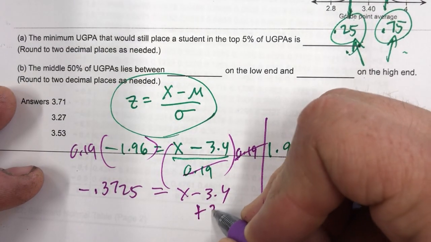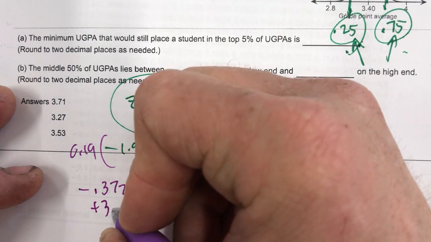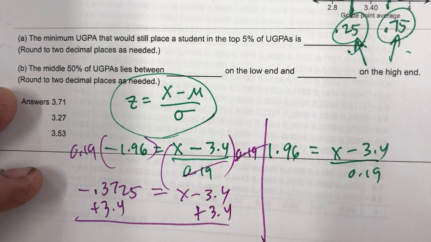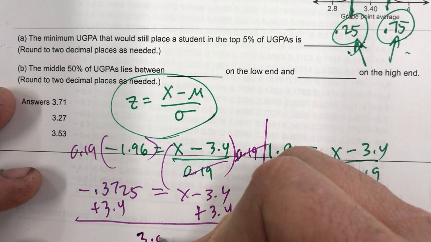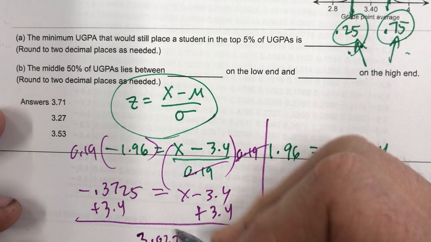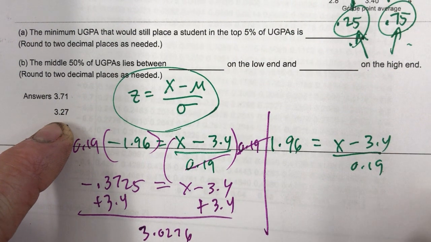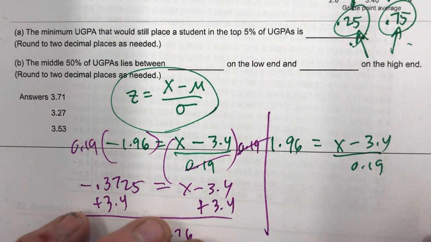So I add 3.4, and that comes up to 3.0276. Okay, we're not getting 3.27 like we're supposed to. Come on, Dave, making mistakes.